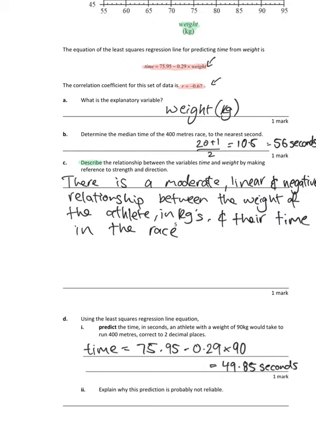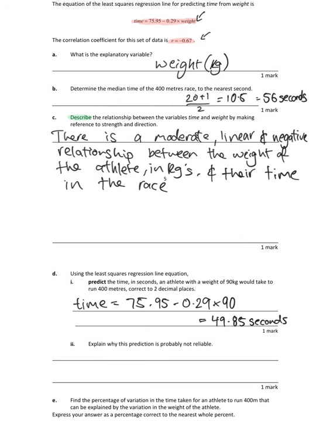Okay, and then it says explain why this prediction is probably not reliable. We had a few people say it's probably not reliable because there's a moderate strength in the relationship, which is sort of true. The first thing you'd look for, though, is to see if this value of 90 is extrapolating or interpolating.